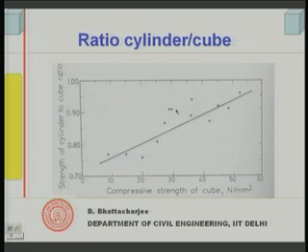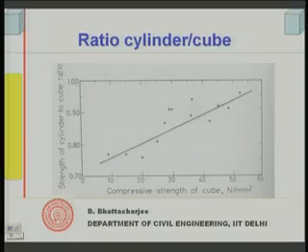Now, cylinder to cube, there are two issues involved. One, of course, the volume could be even different, but there is also a difference in shape. They are of course not of the same shape. So, cylinder to cube, there is a variation in strength, because some countries do use cubes and some other countries use cylinders.